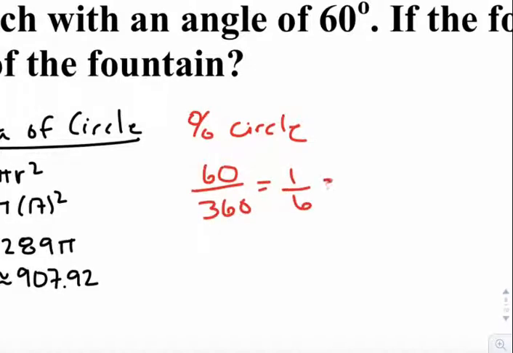Now, if you want to take it all the way down to a decimal, 1/6 is about 0.17. So whichever way you're comfortable looking at that section of the circle, take whichever version you'd like. So now we have to put these two pieces of information together.